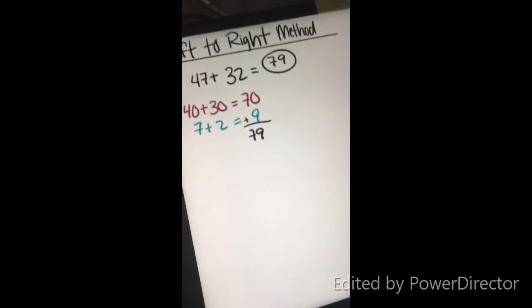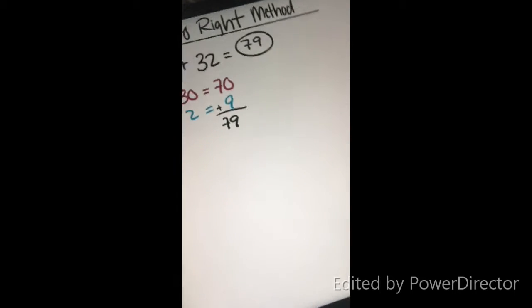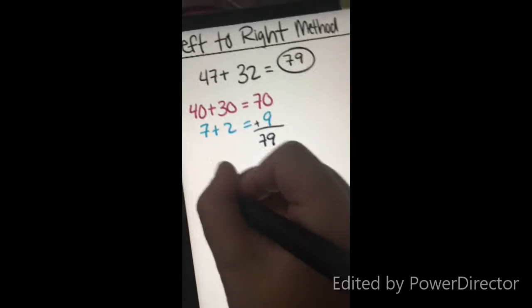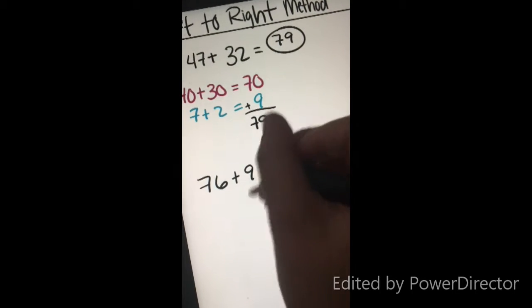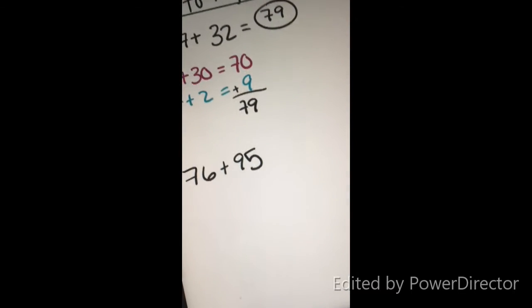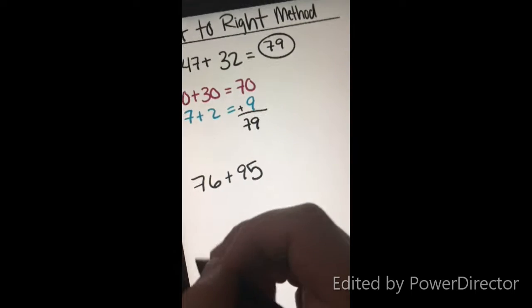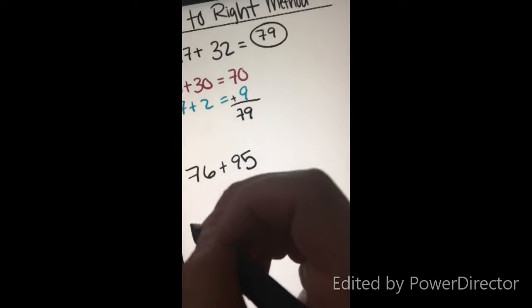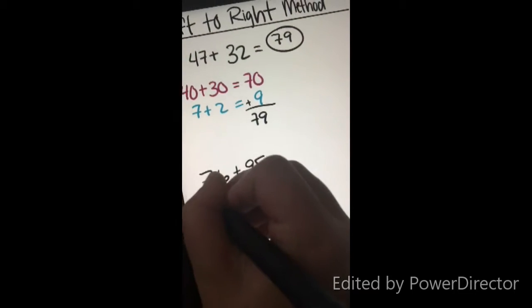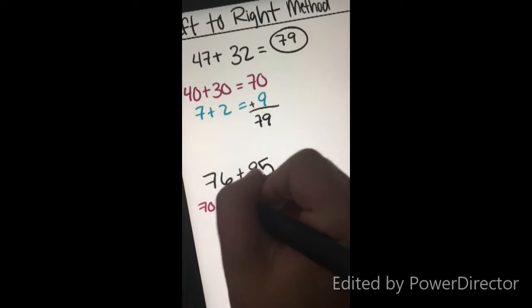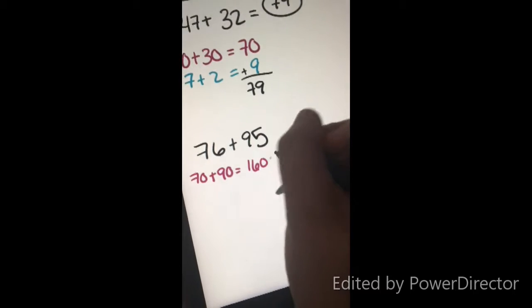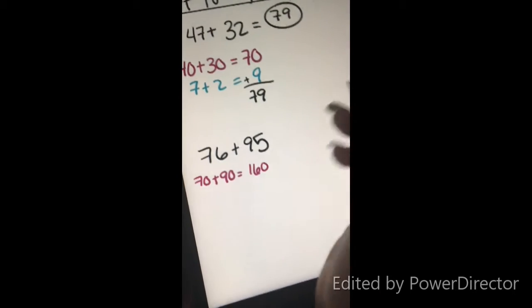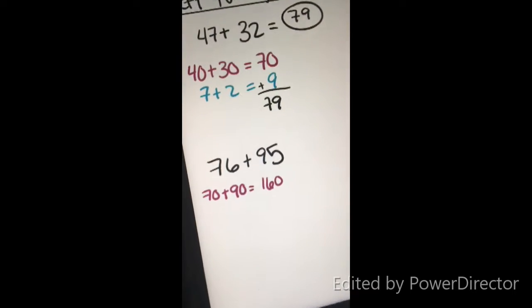We're going to do something a little bit more difficult. We're going to do another problem. We're going to do 76 plus 95, not 97, 95. So we're going to start by adding 70 plus 90, which is 160, because 7 plus 9 is 16, and then you add a 0.